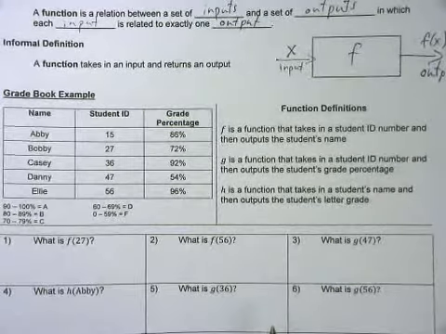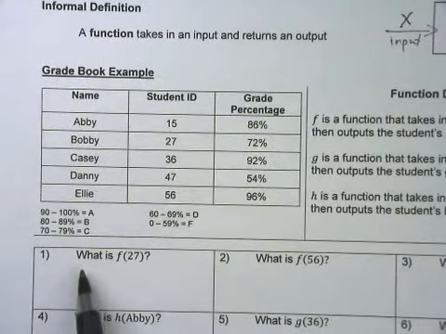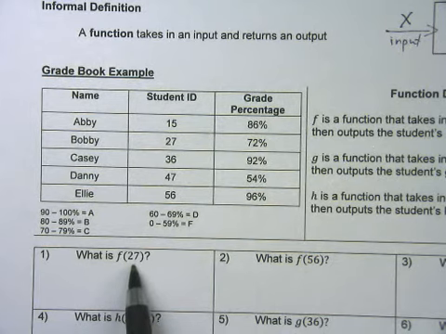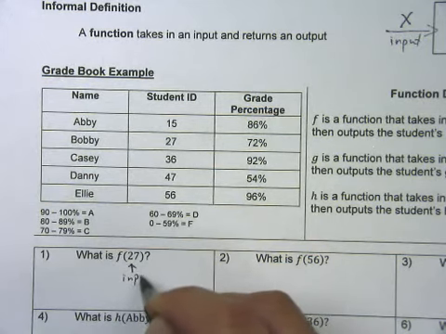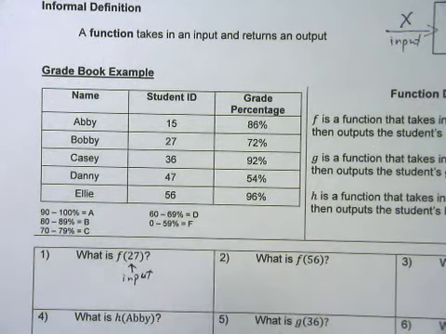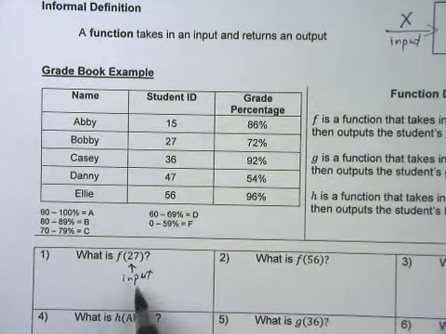All right, so let's look at some examples. Let's look at number 1. What is f of 27? What this is saying is that this number here is our input, and we're trying to figure out what the output is going to be when our input is 27.